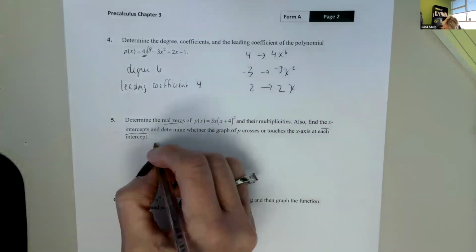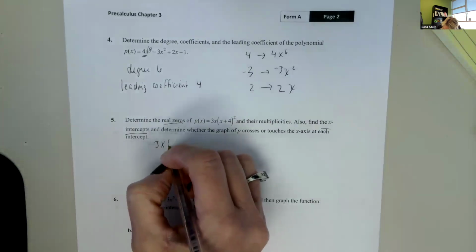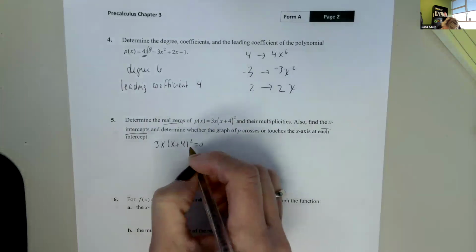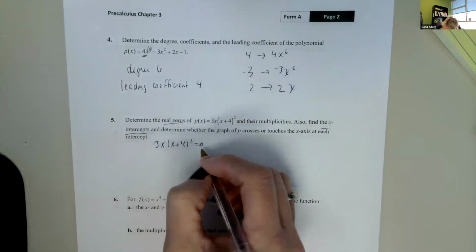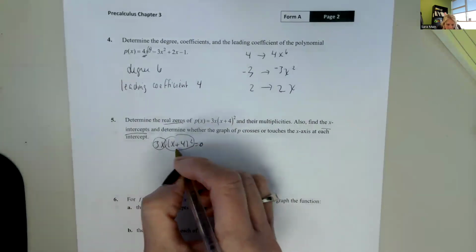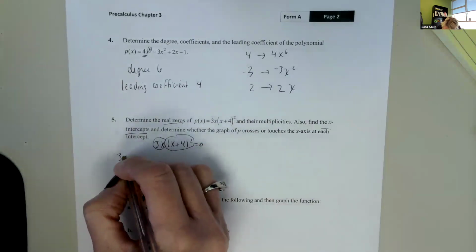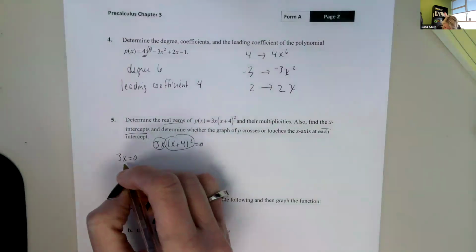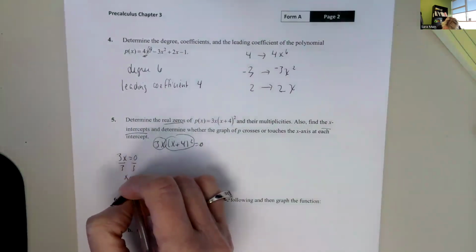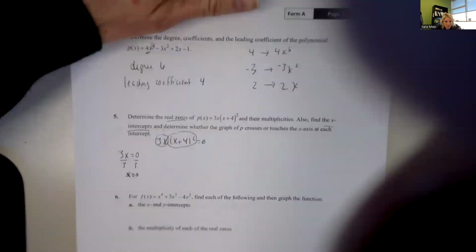So let's find the zeros by setting 3x times (x plus 4) squared equal to 0. To find x-intercepts or zeros, we're finding factors. These are being multiplied, so we can think of them as factors. We set that equal to 0, divide by 3, and find that x equal to 0 is a zero.